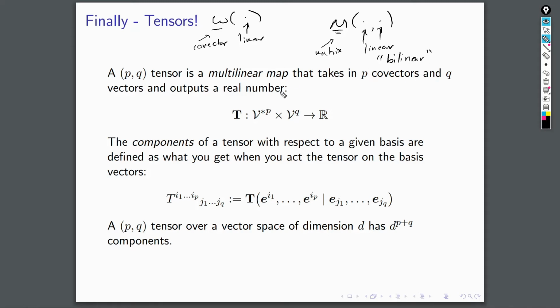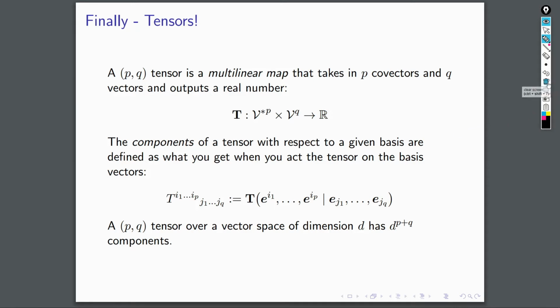So multilinear just means linear in a lot of arguments. That's all that multilinear means, okay? So a PQ tensor is a multilinear map that takes in P covectors and Q vectors and outputs a real number, right?